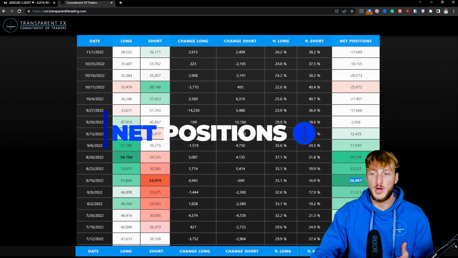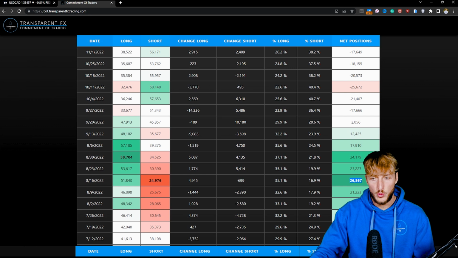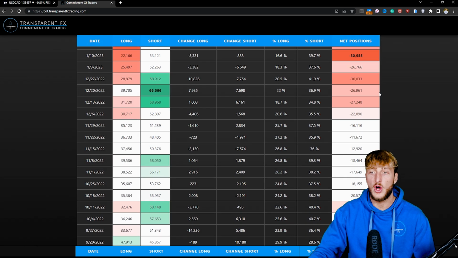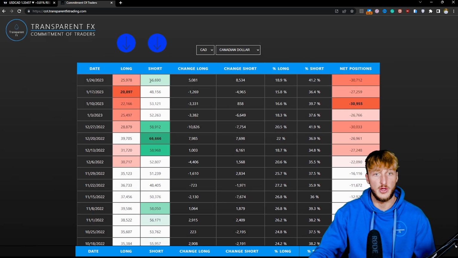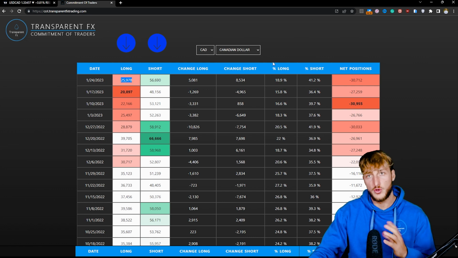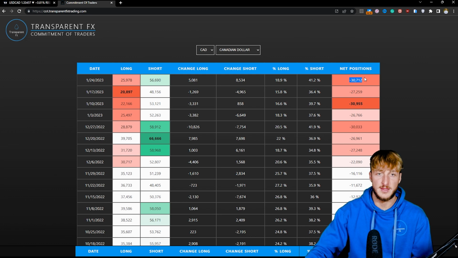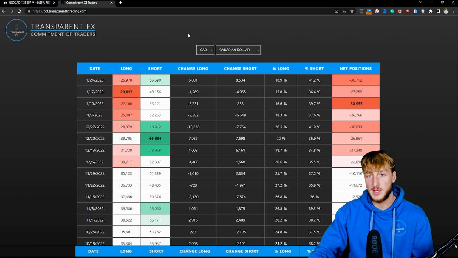We went from having a positive net positioning of plus 27k net positions with 51k longs compared to only 24k shorts, all the way down to now having more shorts than longs with 56k shorts compared to only 25k longs. So completely inverted situation. With minus 30k net positions, showing how in time institutions are continuing to move to the bearish side of the CAD, which makes USD CAD strong because a bearish CAD makes USD CAD strong.